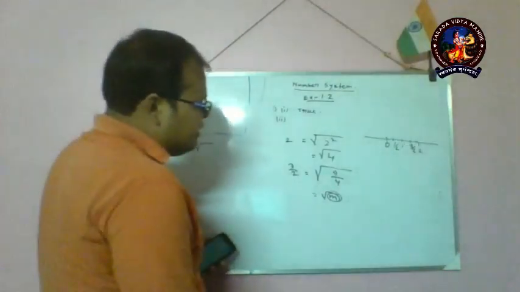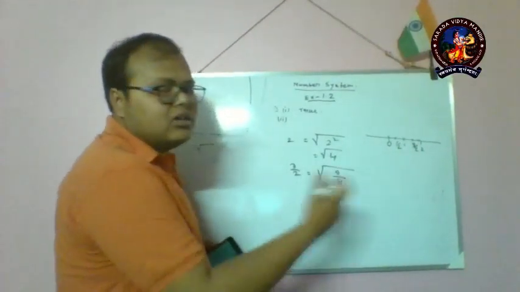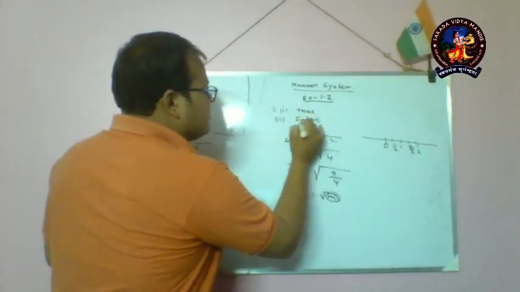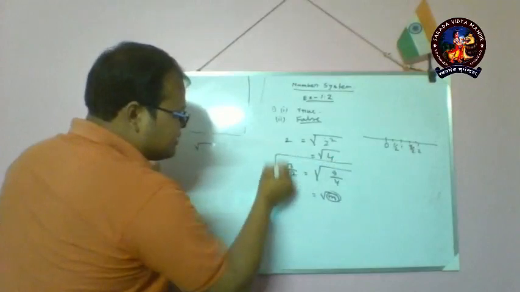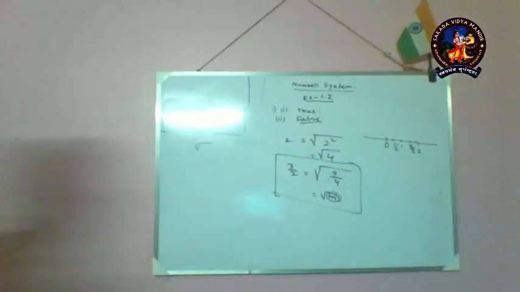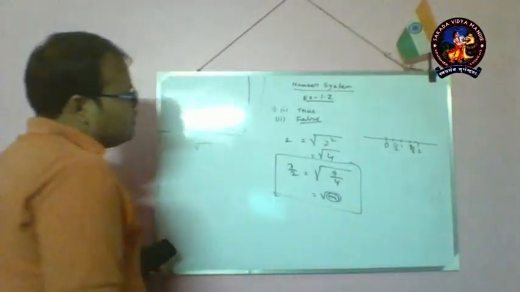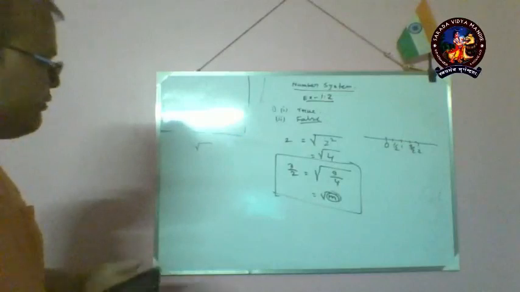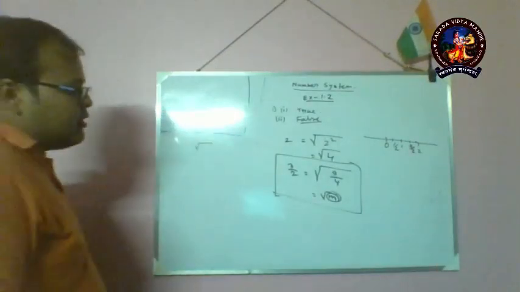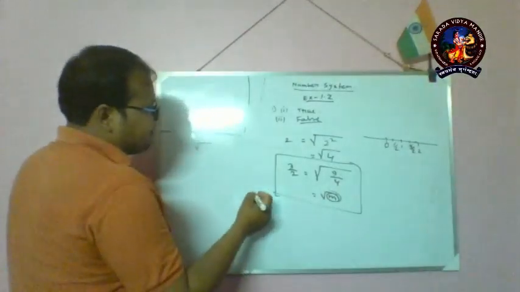You give this counter example as your justification. So number 2, it is false. Every real number cannot be expressed in the form of root over a natural number.